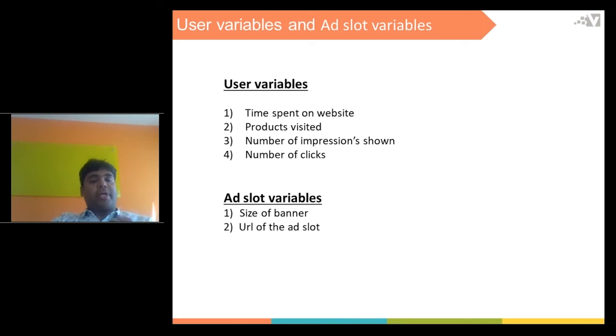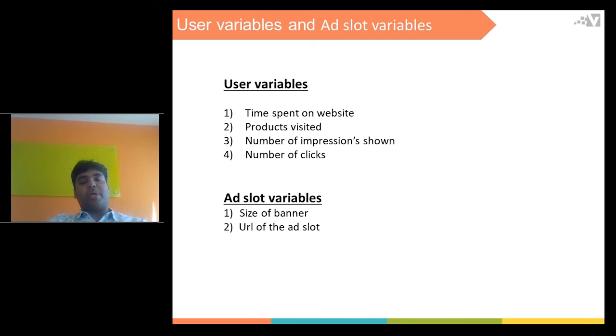If a user has browsed, say, 2-3 pages and then dropped off, they will be less probable to click. But versus a user who has browsed for a significant amount of time, looked at all the details, read the descriptions, will have a higher probability of clicking, right? So these are some of the user variables which influence CTR, like time spent on website and number of products he has visited.